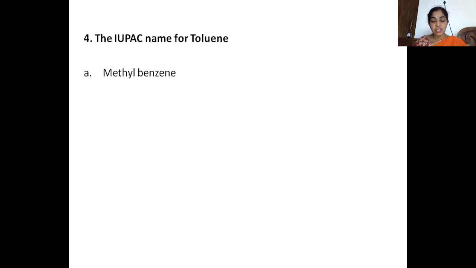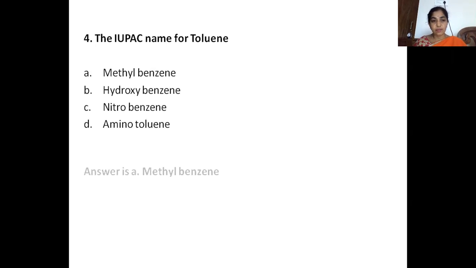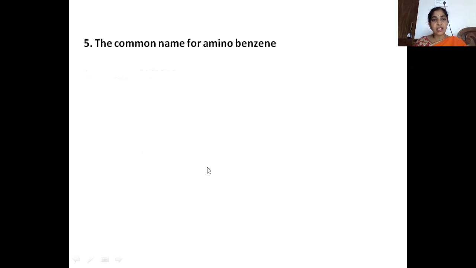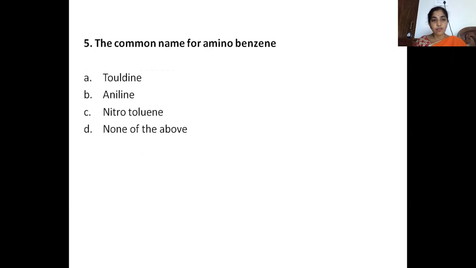Is it methylbenzene? Is it hydroxybenzene? Is it nitrobenzene? Is it aminotoluene? So the answer is A, that is methylbenzene. And the last question: the common name for aminobenzene. Is it toluene? Is it aniline? Is it nitrotoluene? Is it none of the above? The answer is aniline.